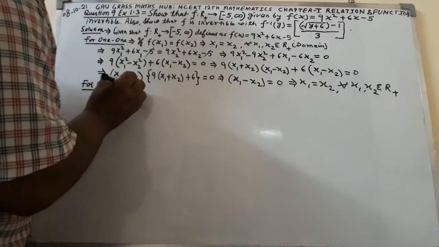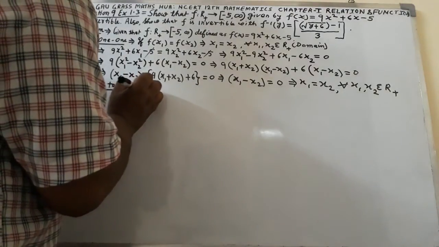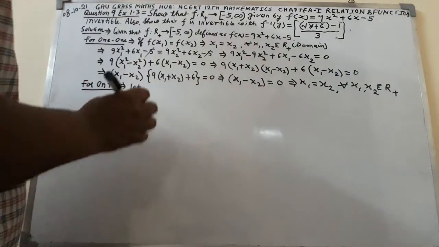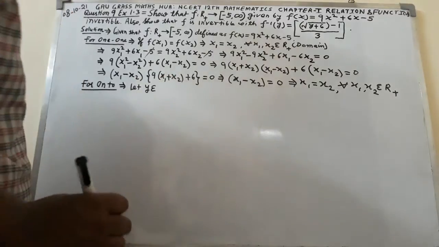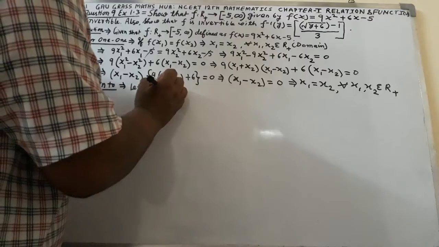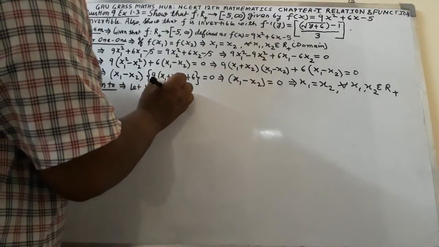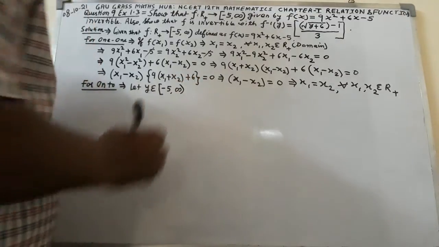For onto, the theorem is that let small y belong to the codomain. Codomain is the closed interval minus 5 comma infinity, open interval.